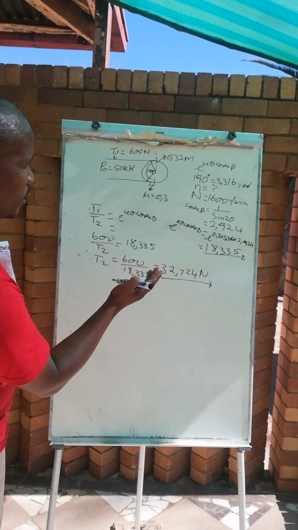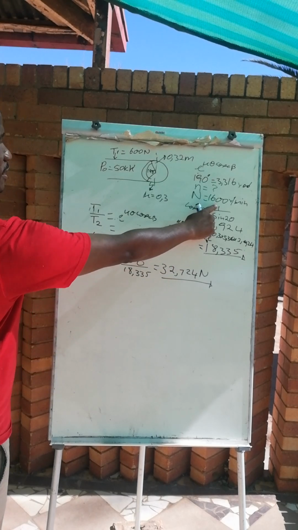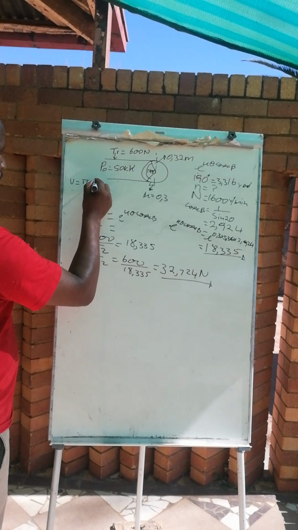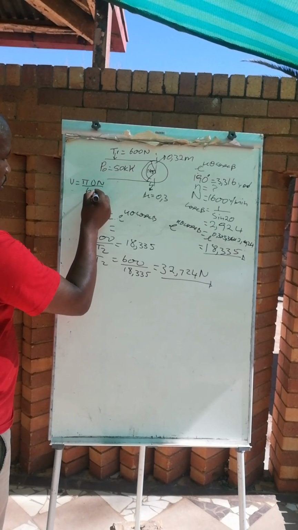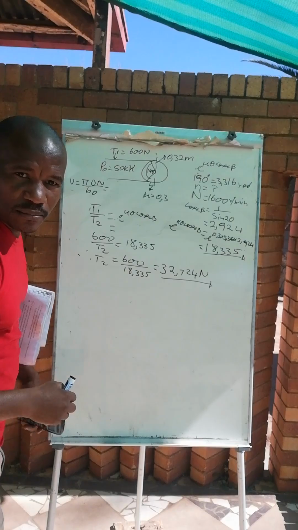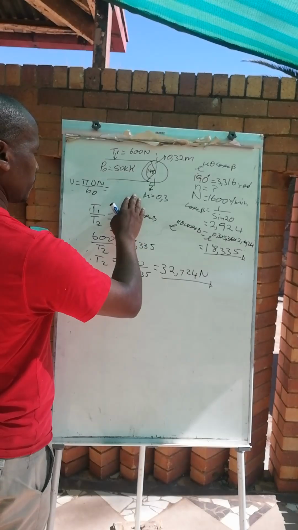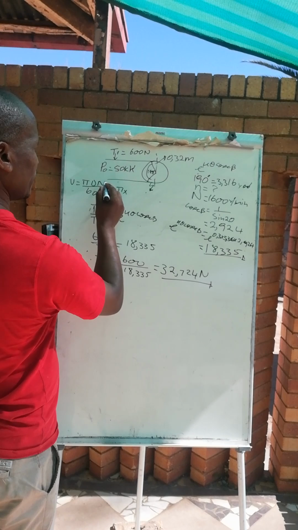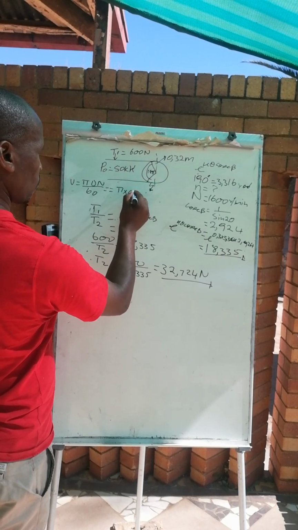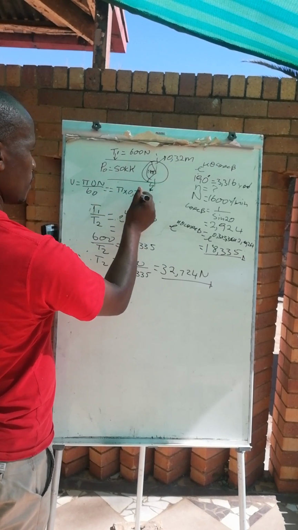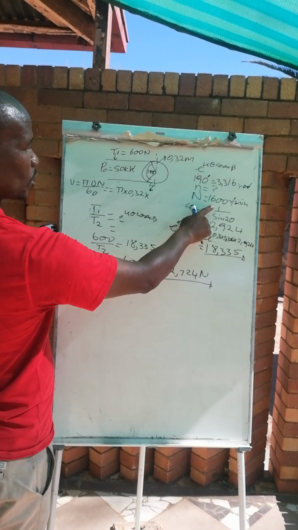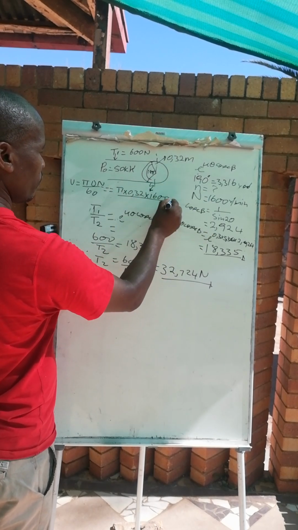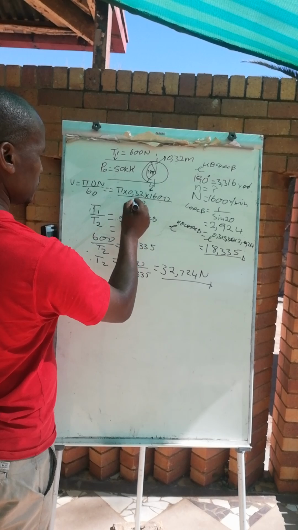Are we requested to calculate the velocity? Yes, let's calculate the velocity there. The velocity will be pi dn over 60. These are formulas from sub A. We all know them. It's equal to pi multiplied by the diameter of 0.32 multiplied by the rotational speed of 1,600 over 60.